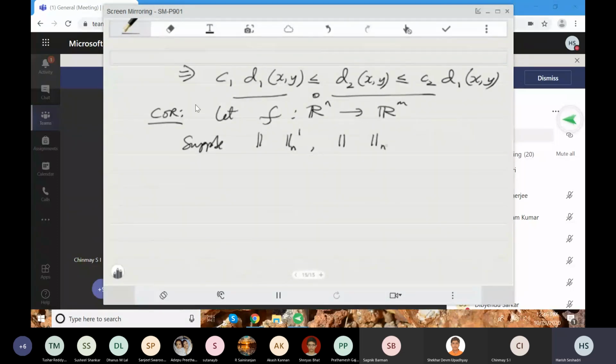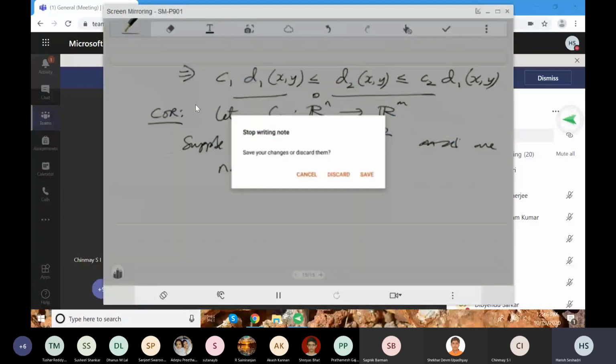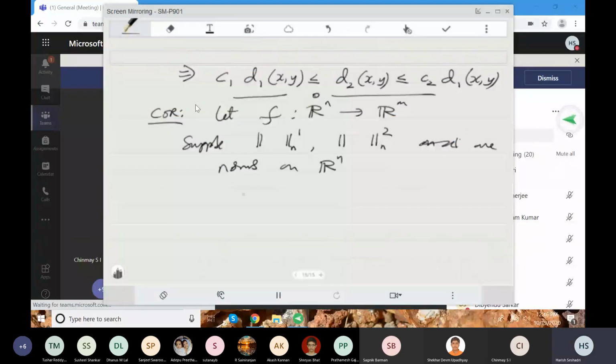Suppose I have two different norms on Rn, and likewise two different norms on the target, Rm.